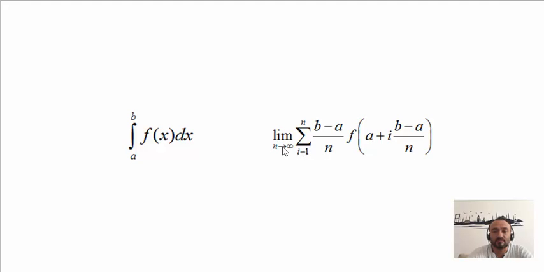Since the number of partitions goes to infinity, this discrete sum converts to a continuous sum sign, and this is represented by this syntax.